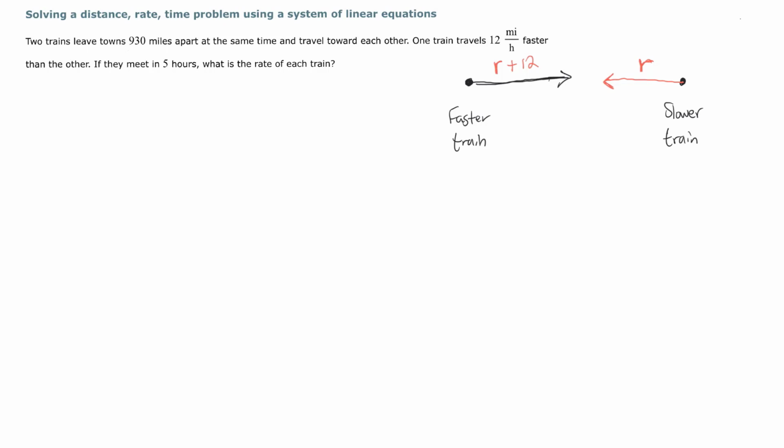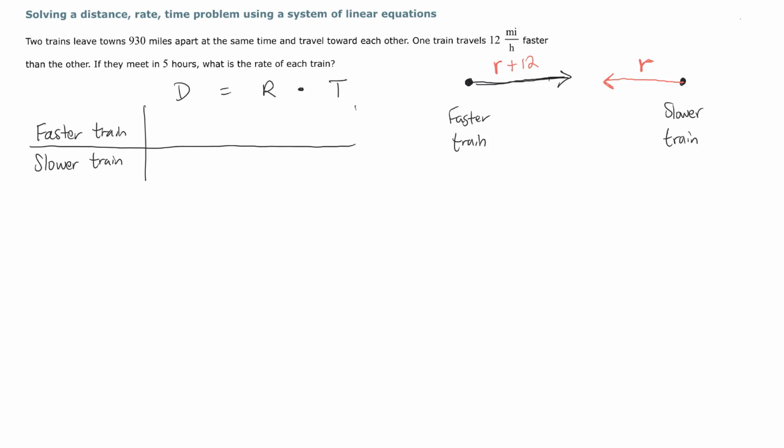Now we're going to take this visual and put it into a table. And let's label the table like this. I'm going to put faster train description, and then a slower train description. And our classic relationship here is distance is equal to rate times time. And that's the kind of information we're going to organize.